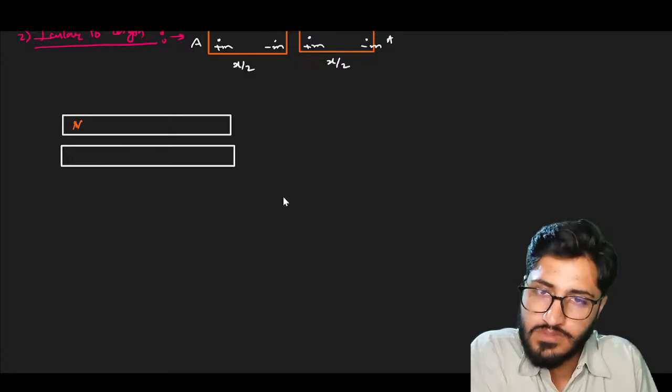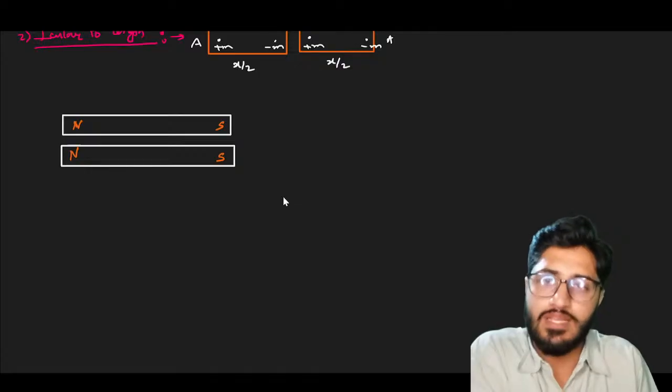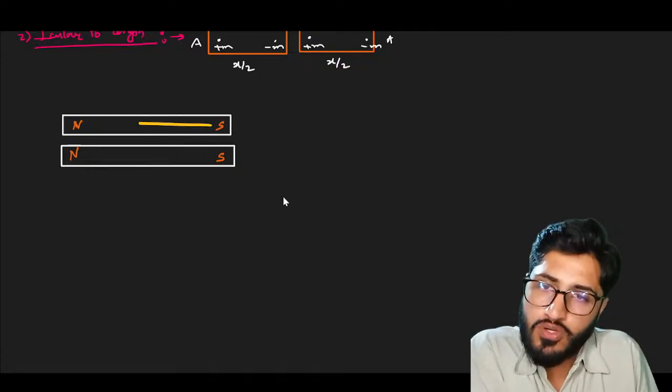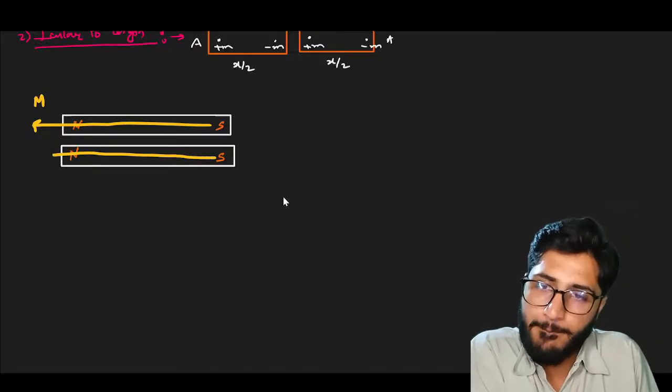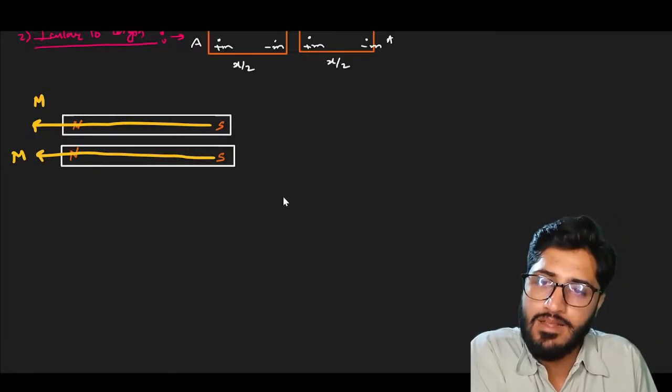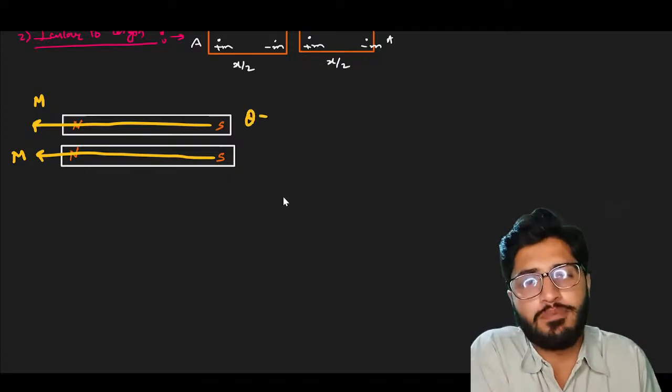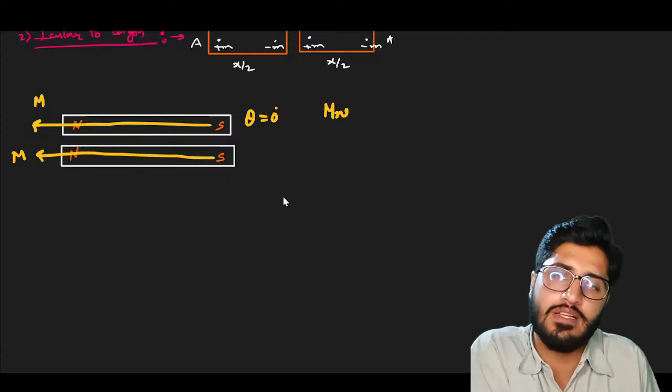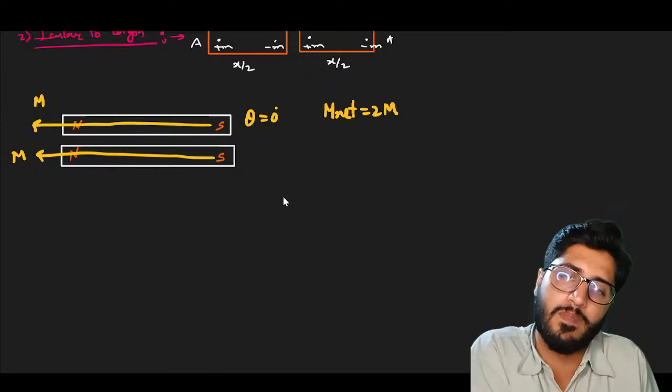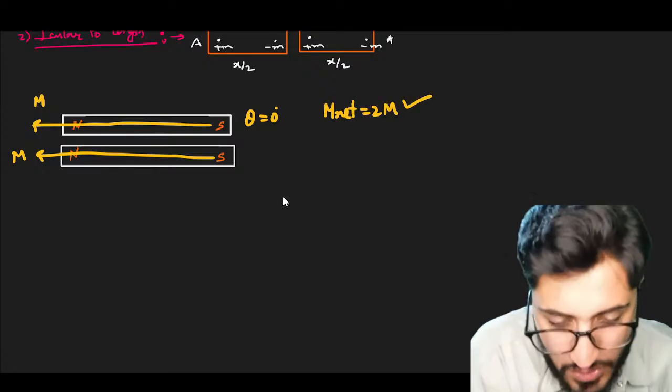North pole, south pole. North pole, south pole. We know one thing, that magnetic moment is from south to north if it is identical. So if it is M, this would be M. Angle is 0. So theta between them is 0. So what will be the M net? Sir, M net is, I guess, 2M only, no? M net is 2M only.